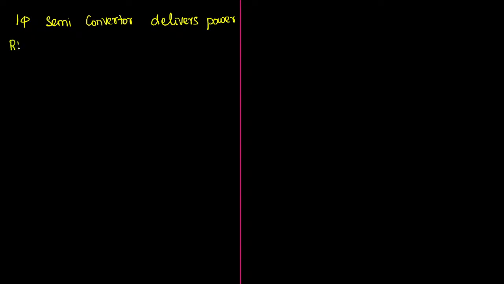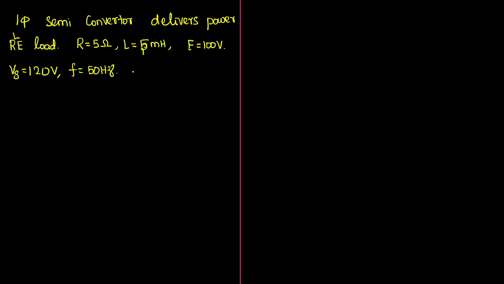The value of R is given as 5 ohm, the value of L is given as 5 millihenry, and the value of battery E is given as 100 volts. The AC supply value is given as 120 volts, and the frequency, Indian standard, is 50 Hz.